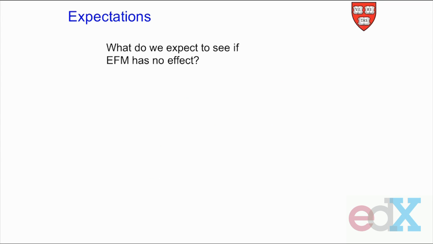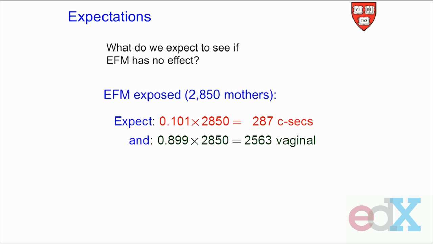So what do we expect to see if EFM has no effect? Well, then we'd expect that of the EFM exposed mothers, all 2,850 of them, roughly 10% should have a C-section. So we expect 0.101 times the 2850, so that's 287. So we expect that 287 of these mothers would have had a C-section.